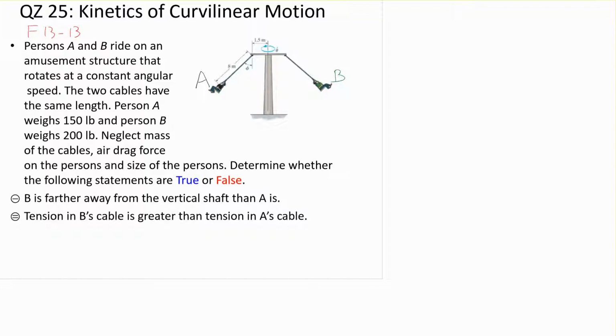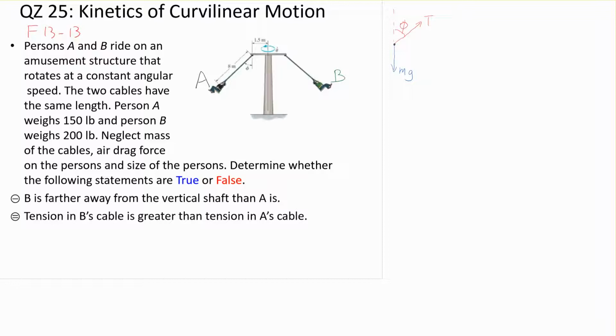Let's use A. A is a little particle, and this particle has a gravitational force acting on it, let's say mg, and there's also the tension, the pulling force from the cable. Let's call it T, and this force T forms an angle with the vertical direction of phi.